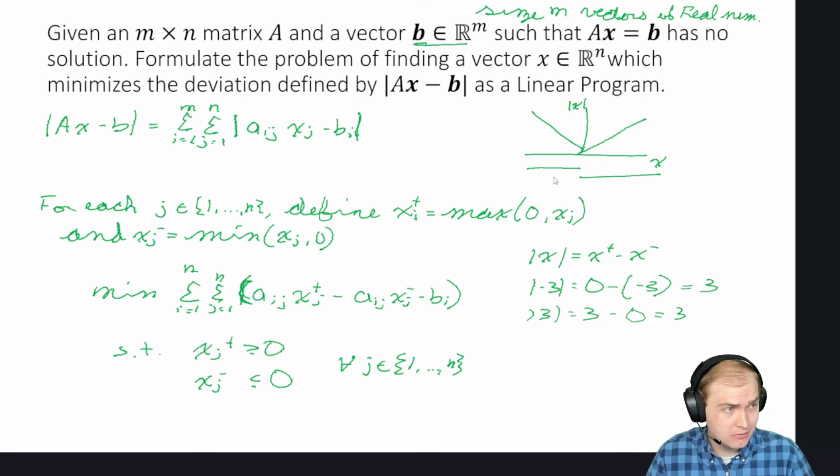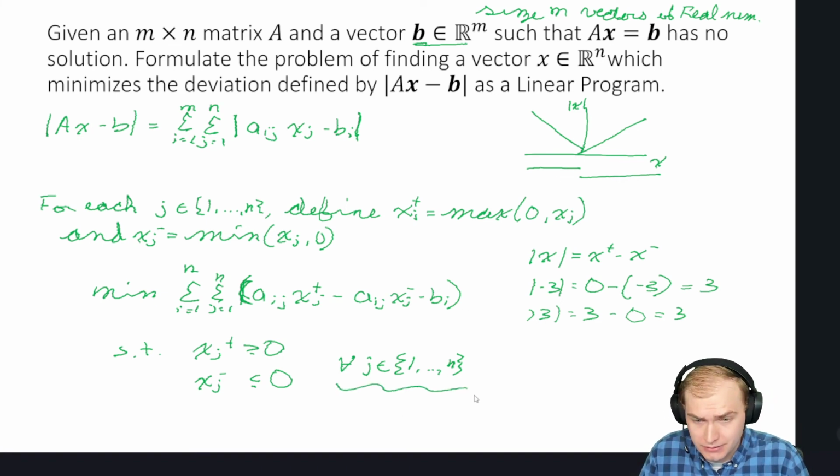Now, I don't know how to do this with a logarithm, but absolute value you can do this with all day. Does anyone have any questions about that? All right, moving on.